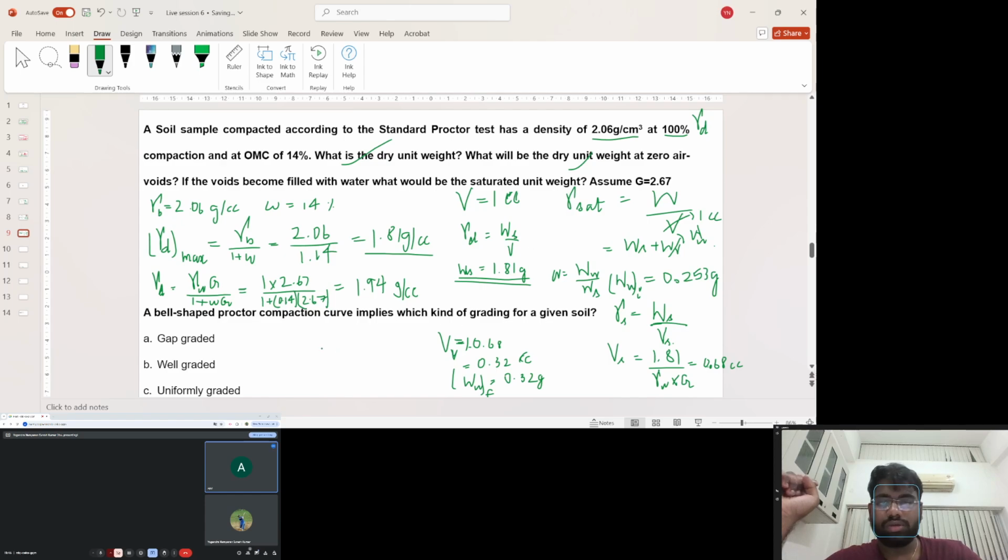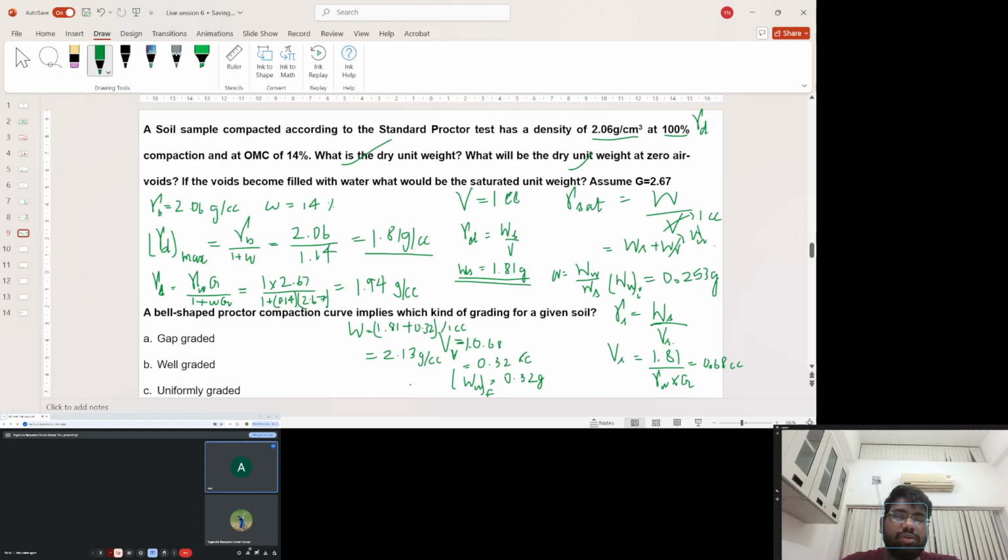So now we know the total weight is 1.81 plus 0.32 grams per 1 cc. So in that way you will get approximately 2.13. So this is the saturated unit weight that you will be getting.